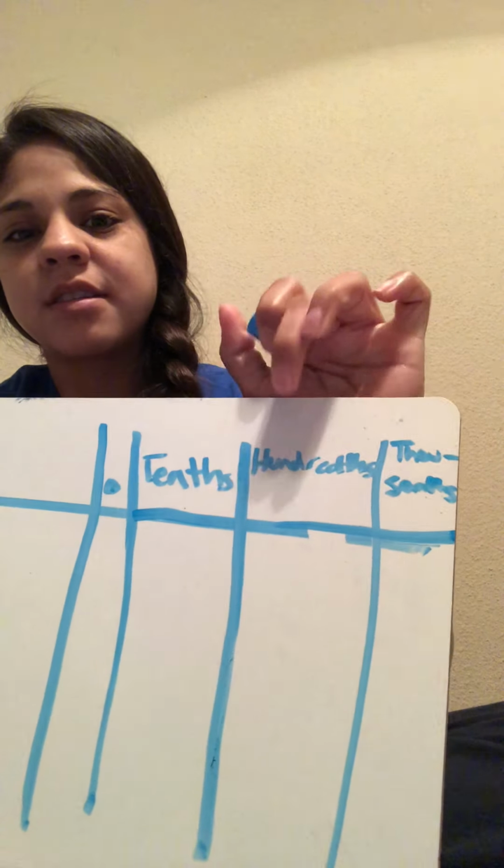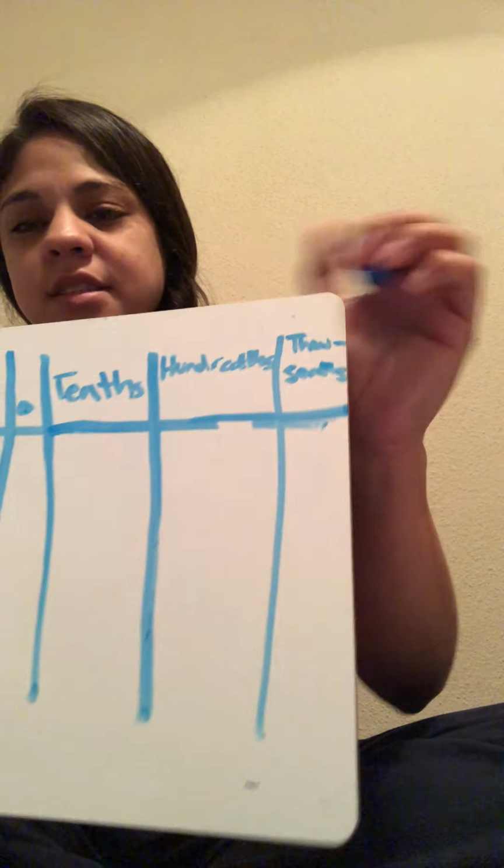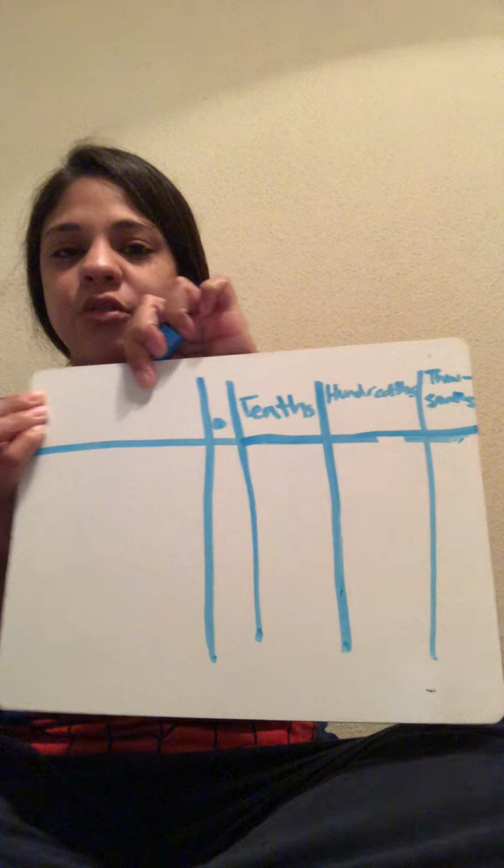And then your thousandths. Your tenths, hundredths, and thousandths. And then in front you have your ones.